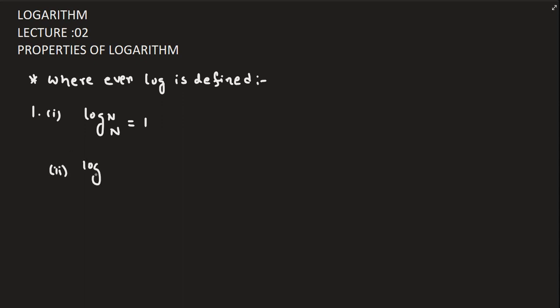Second, log of 1 by n, base n, is minus 1, because if we raise the base n to the power minus 1, we get 1 by n. Third, log of n with base 1 by n: 1 by n raised to the power minus 1 is n, so the answer is minus 1.